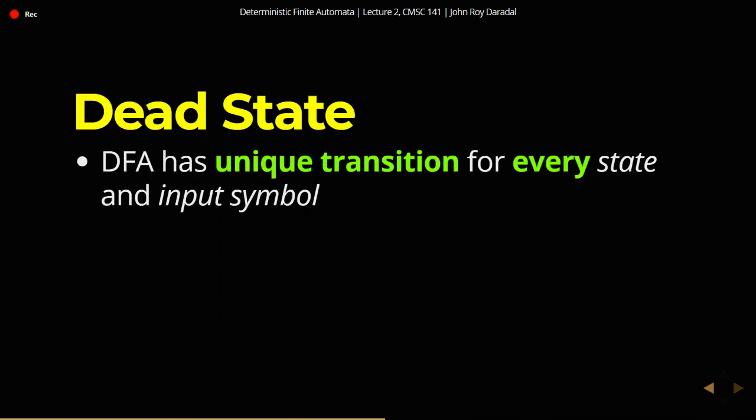Now, take note, however, that the DFA needs to have a unique transition for every state and input symbol. So the transition table must be filled up. There should be no blanks in there. For each state and input symbol, there should be an entry in the transition table or transition function.